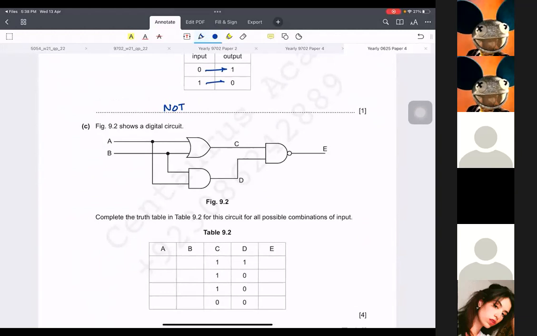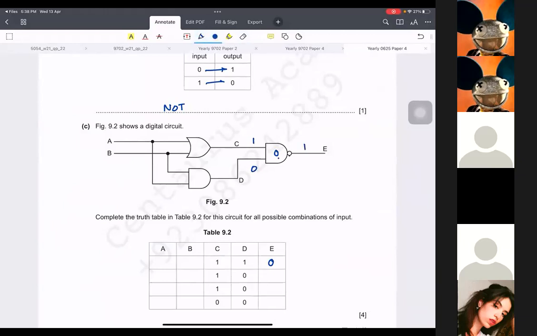So first of all, let's try this. If C and D was 1, 1, and this is AND, so 1, 1 AND would give 1, but there's a NOT, so it will make it 0. So it has to be 0, right? And then if this was 1 and this was 0, it would give you 0 in AND, and NOT would change it to 1.